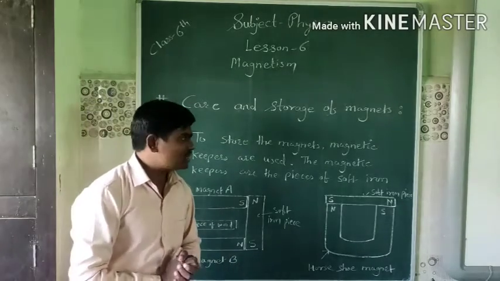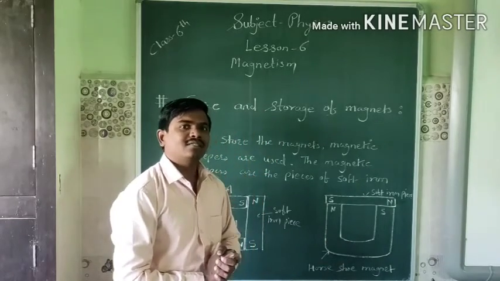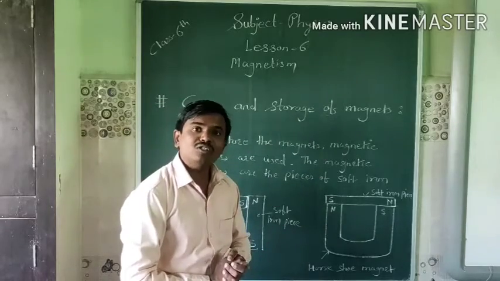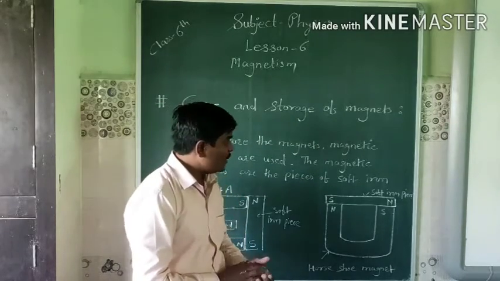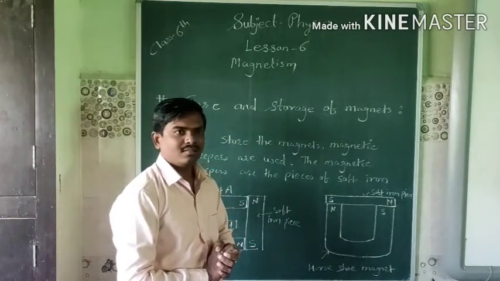And similarly, students, for storage of a horseshoe magnet, only one soft iron piece is needed.